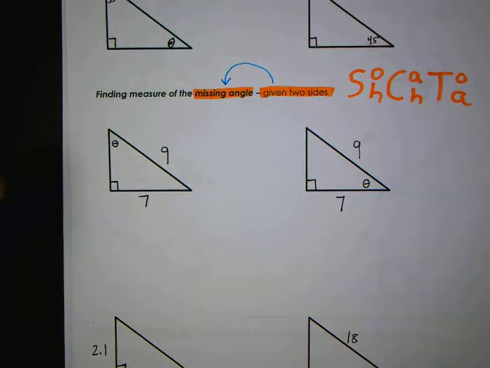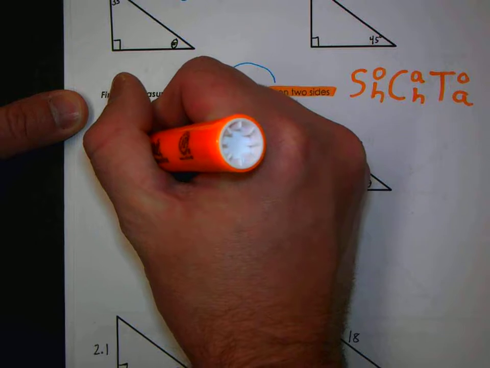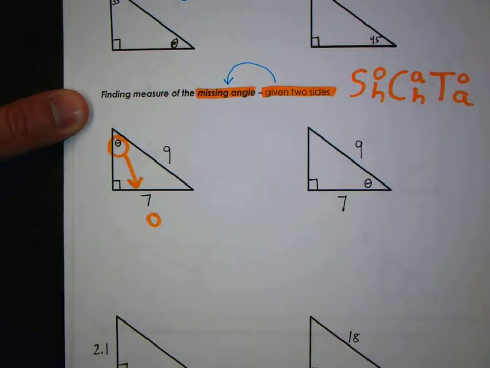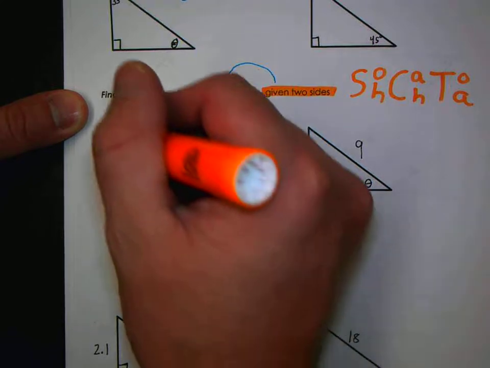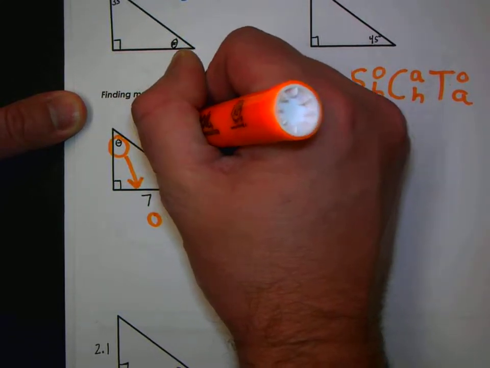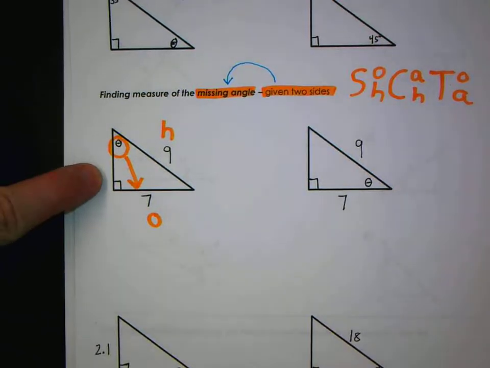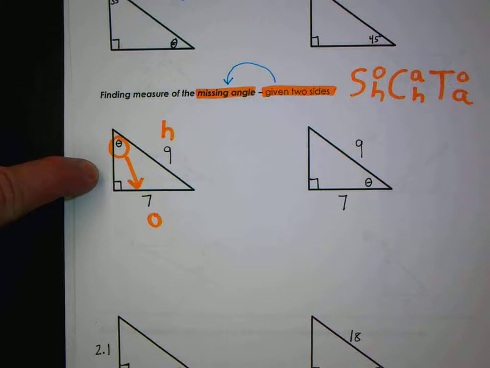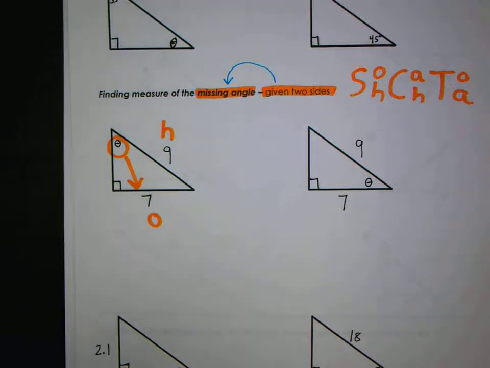So here's your angle that you're trying to find. Then this would be my O. And then the slant across from 90 is always your H. And then this would be your A, which they don't tell us. They don't ask us to find the A, so who cares about the A?